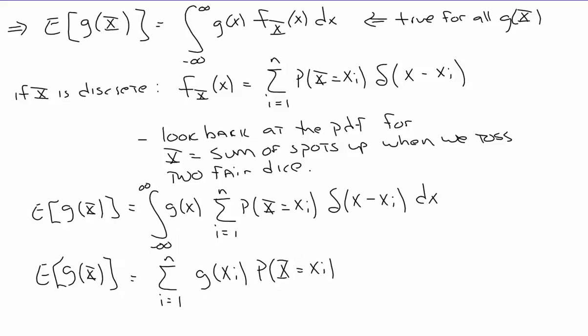All right, so what we have here are two relationships that we can use. This relationship at the bottom of the page we can use if x is discrete. Really, that's a simplification of the relationship at the top of the page, which is actually the most general result.